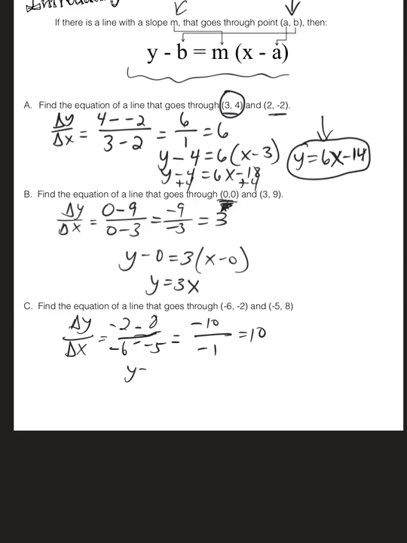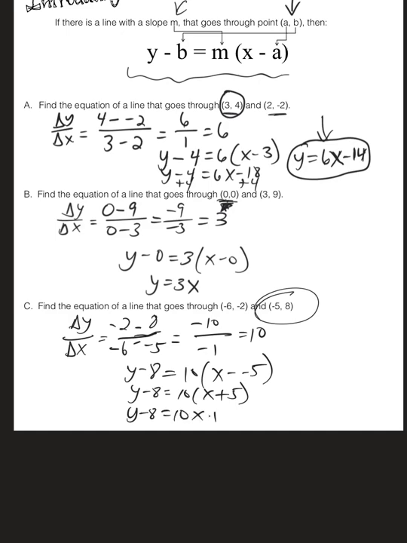Using my formula, I am going to plug in the second one this time. Y minus 8 equals 10 times x minus -5. While solving for this, two negatives next to each other with nothing in between is positive. Distribute and then add 8 to both sides to get y equals 10x plus 58.